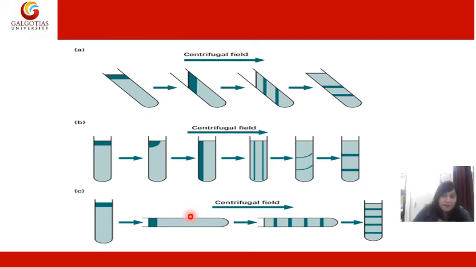In case of swing bucket rotors, this is the position when we have not started the separation, or we have not just switched on the centrifuge. At spin, the sample tube turns like this and the separation takes place in the direction of the centrifugal field, and we will get different bands of different fractions of biomolecules. This is how the mixture of biomolecules separates differently in different types of rotors.